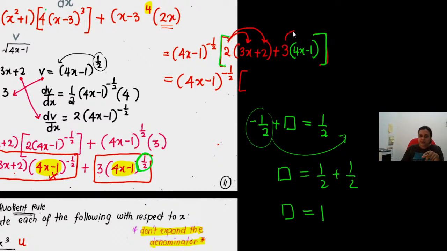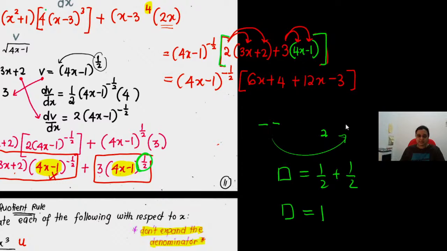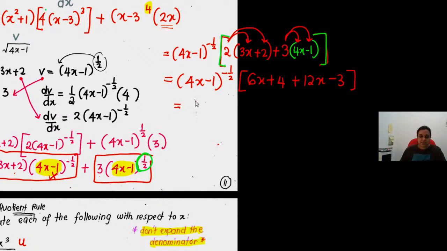So we will get 6x plus 4 plus 12x minus 3. When we solve inside the big bracket, 4x minus 1, we get 18x plus 1.